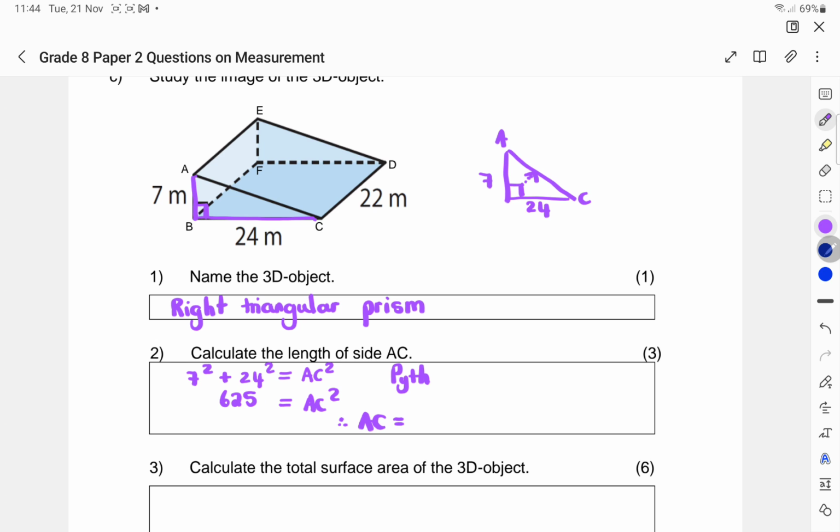In grade 8, most likely you get a Pythagorean triplet, which actually just means you're going to get a beautiful whole answer. It's not going to give you decimals. And the square root of 625 is plus minus 25 meters, but because it's a distance, it's always positive.